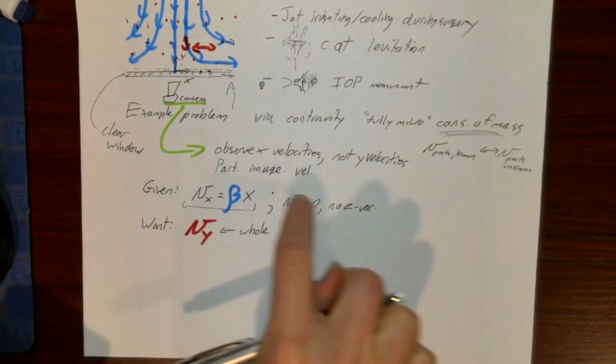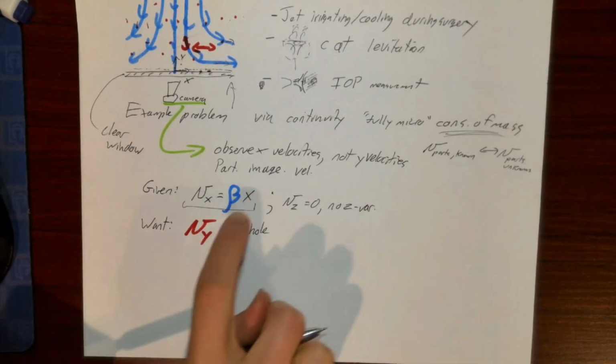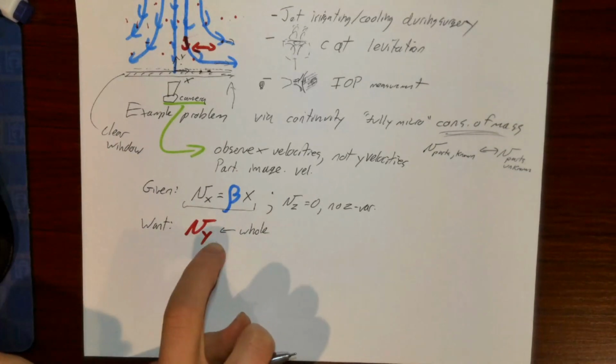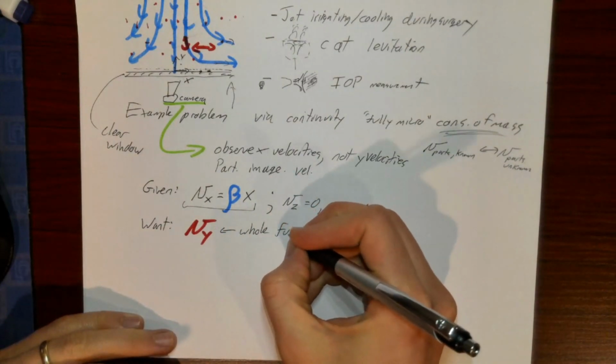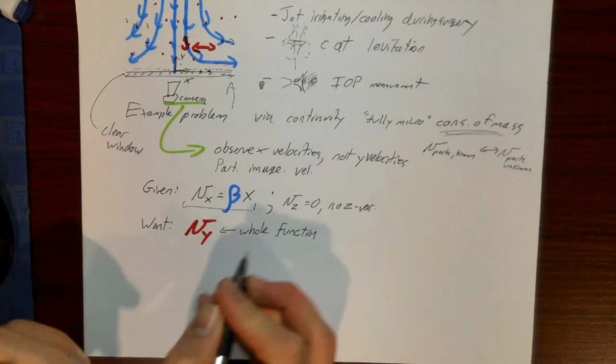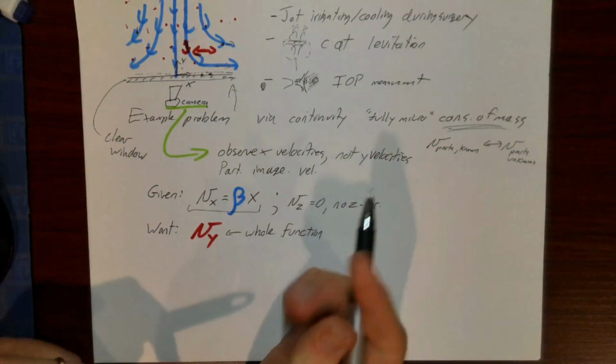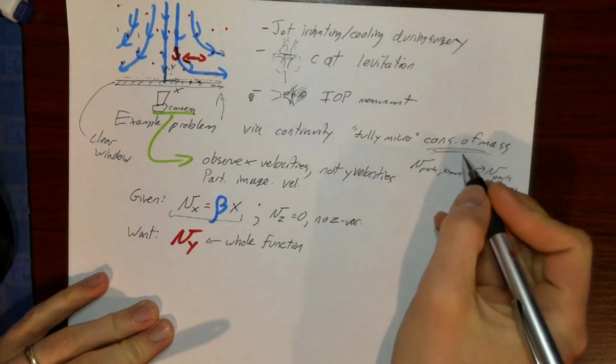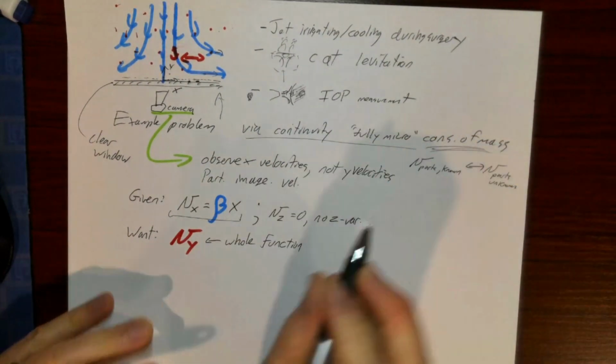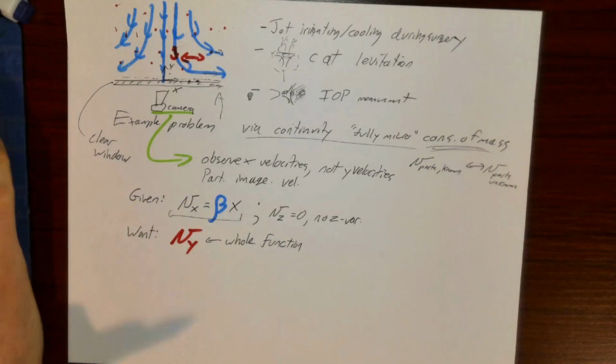So let's say we're given this information, and we want to determine a whole function for vy at any point in the flow. Is it possible to do this? Yes, via continuity, the fully micro version. So let's get started.